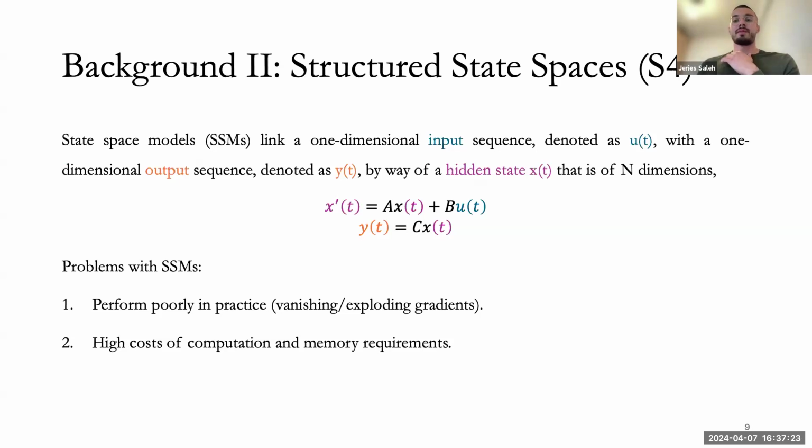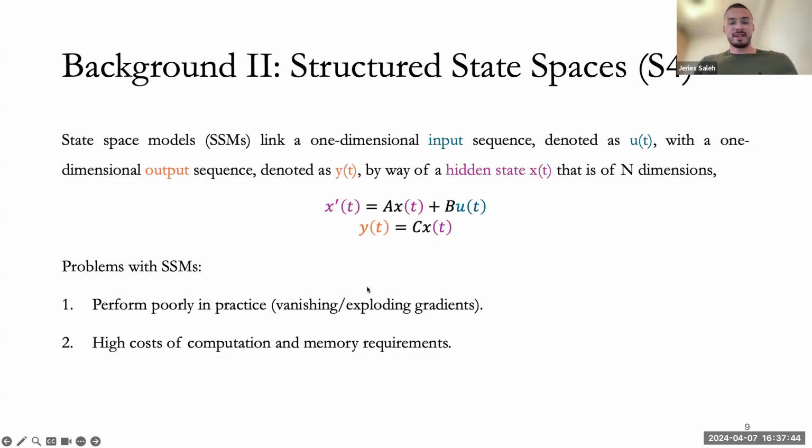They are derived from the normal linear state space models, which are used a lot in control theory. And they link between an input, U here, and an output, Y, through a hidden state, X. Now, prior work found that they actually perform poorly in practice.